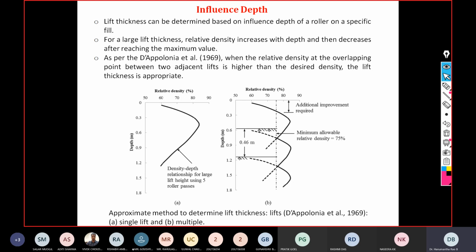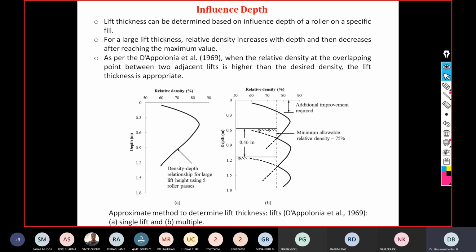Usually the relative density corresponding to one lift is not constant at all. Initially the density increases and then decreases. So the peak is the optimum, the peak related to the optimum depth.